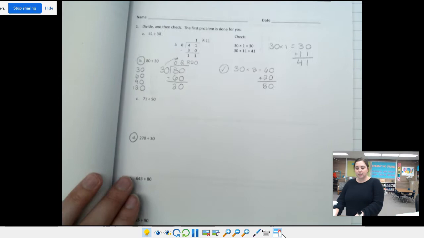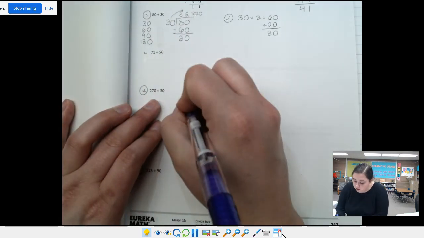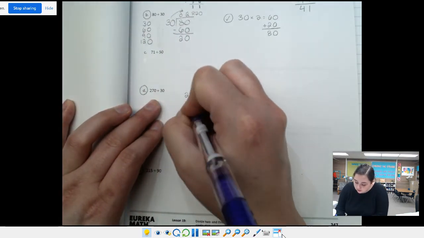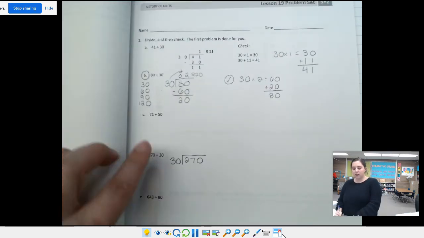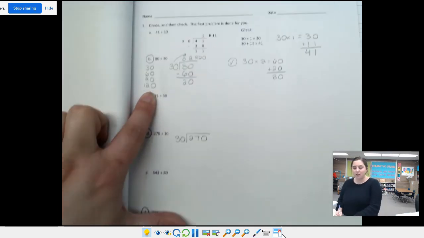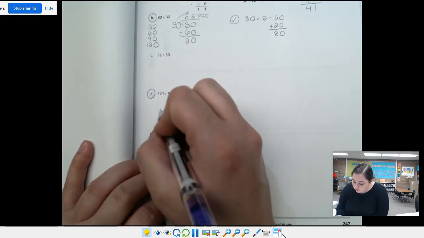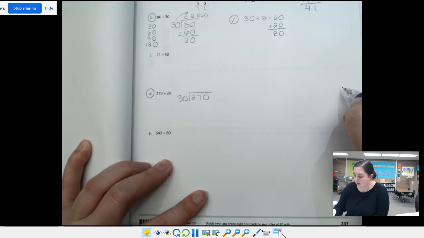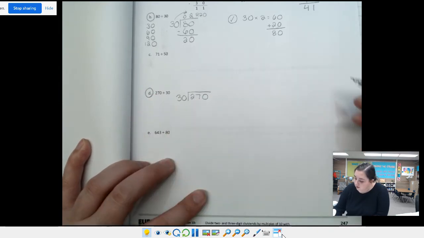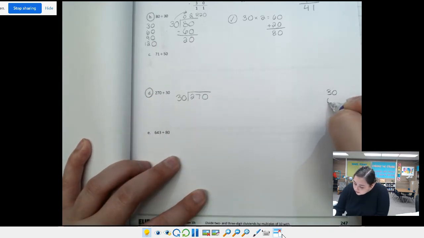Okay, let's check D. So this one was 270 divided by 30. Oh, this is nice. I already was dividing by 30 up above. So I'll rewrite it just so it's close. I'm going to do it right over here, actually, because it might go too long. So it's 30, 60, 90, 120.